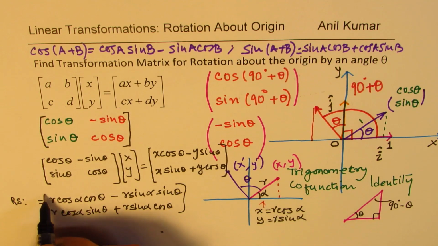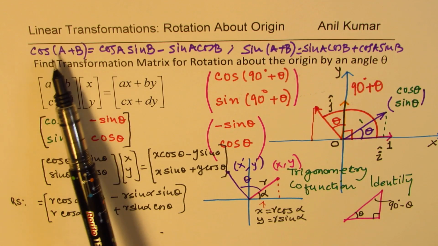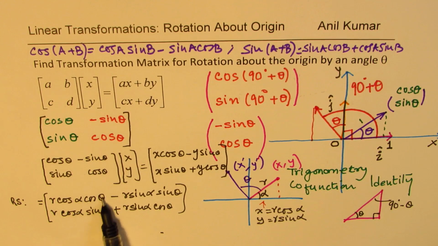So if you look at this formula here, that reminds you of something, right? r is common, we get cos alpha cos theta minus sine alpha sine theta. That means we have the cos(a plus b) formula here, alpha plus theta.